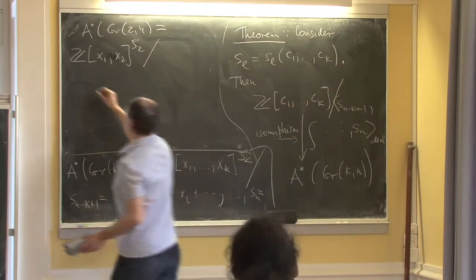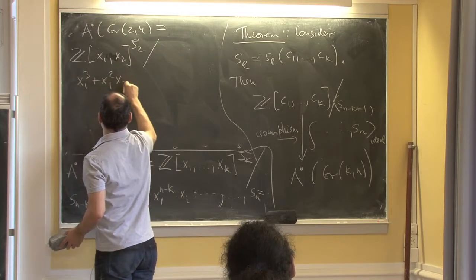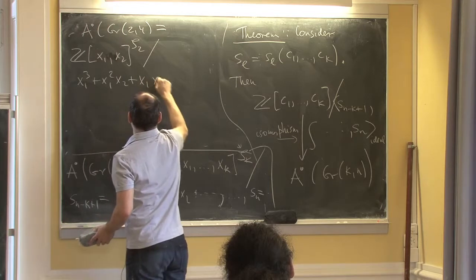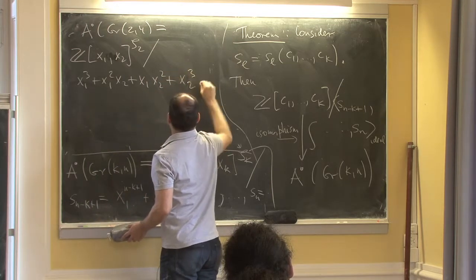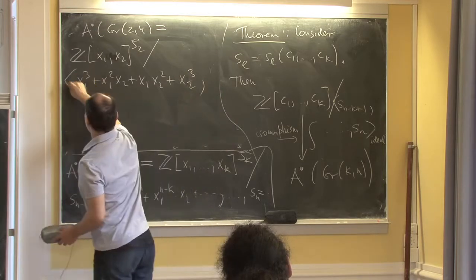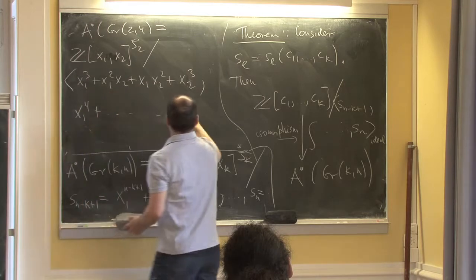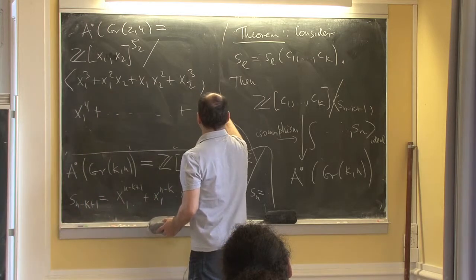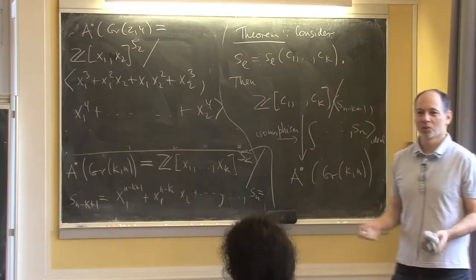One of them is x1 cubed plus x1 squared x2 plus x1 x2 squared plus x2 cubed. And the other relation is the same thing with x1 to the 4th. Okay?